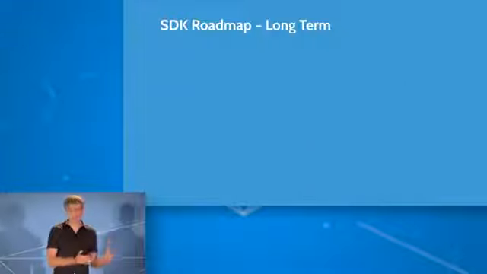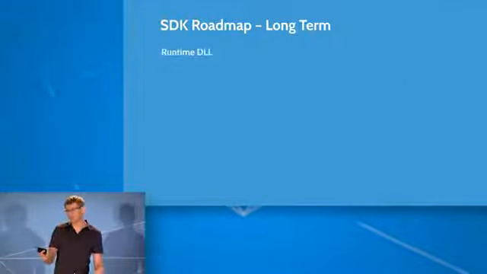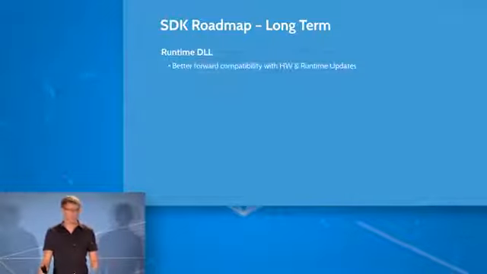Now, slightly longer term, we are looking at making a runtime DLL, which would allow us to scale to future hardware. Let's say we look at Crescent Bay and we introduced back-of-the-head tracking.